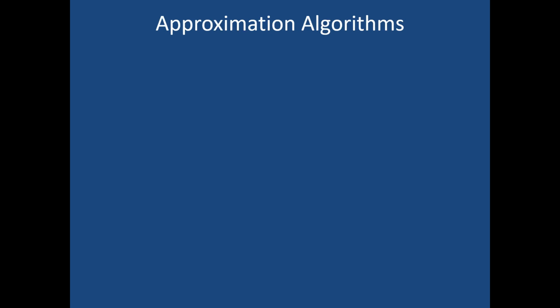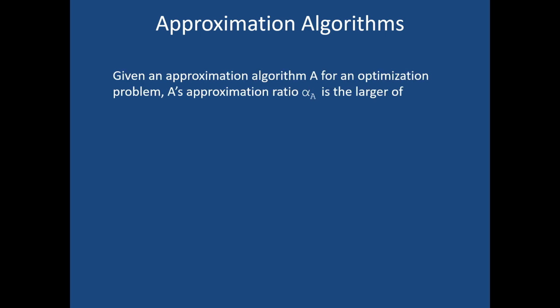All right, so that was algorithms that work well for some special cases. Now let's look at algorithms that always give you approximate answers, but always work efficiently. So we're going to talk about the approximation ratio.